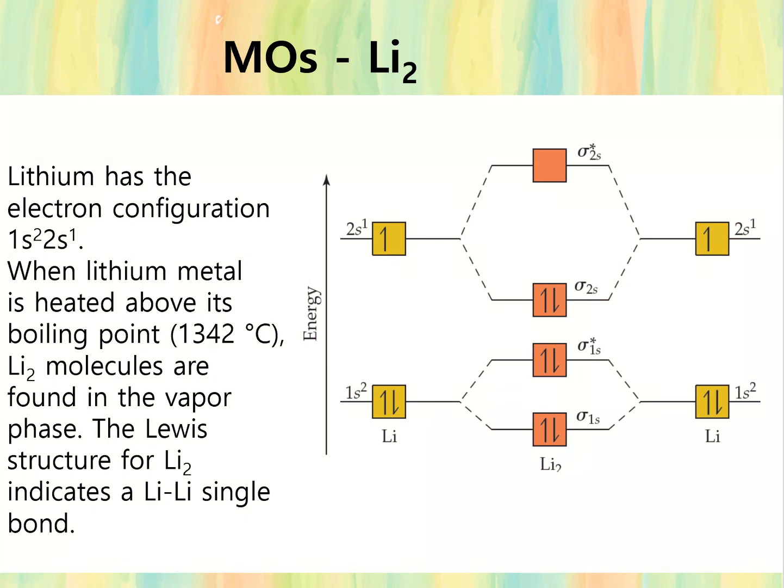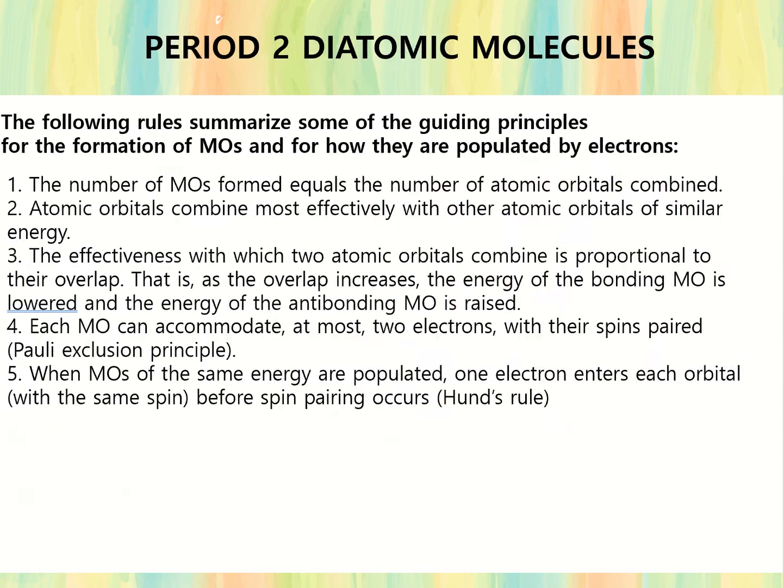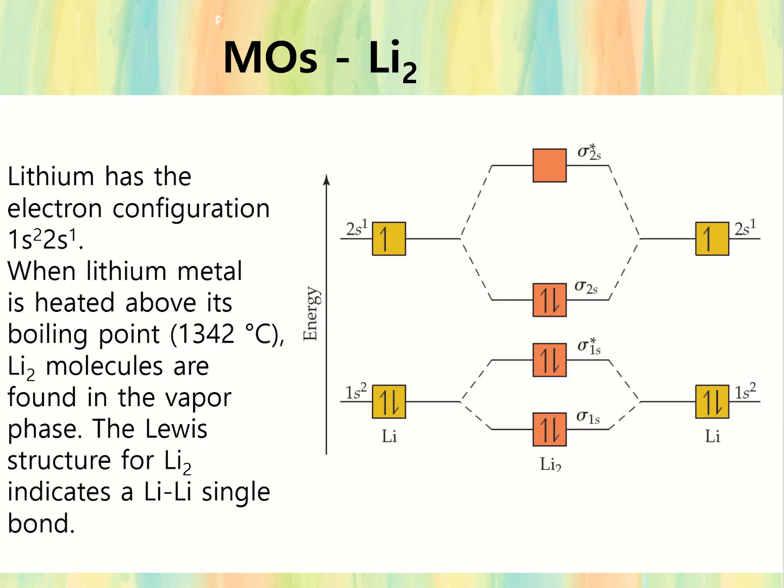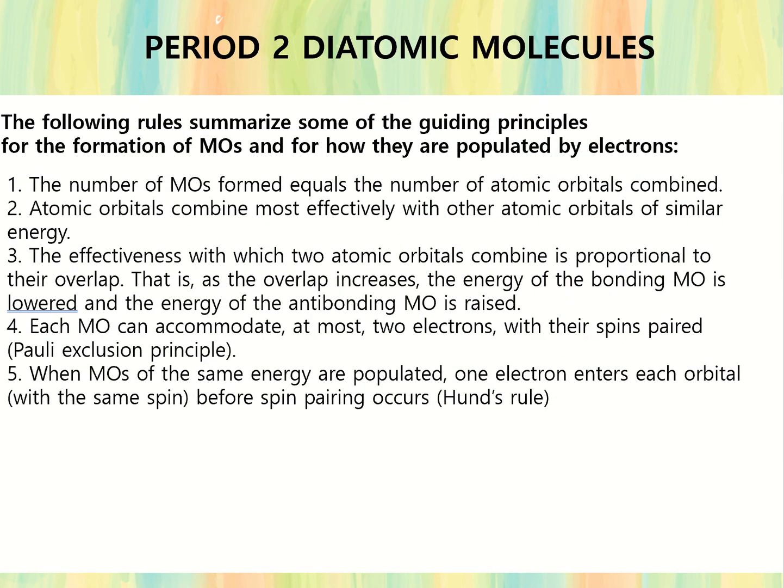Let's look at our guidelines again. The first one is that the number of molecular orbitals formed equals the number of atomic orbitals combined. Here we count 1, 2, 3, 4 atomic orbitals, and we have 1, 2, 3, 4 molecular orbitals.